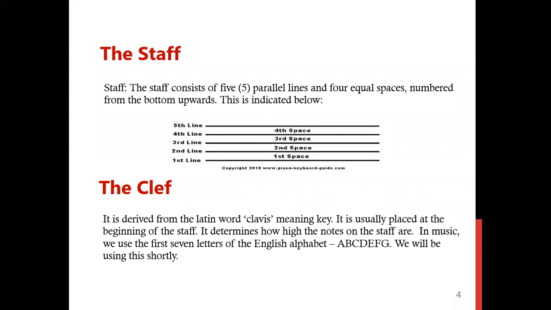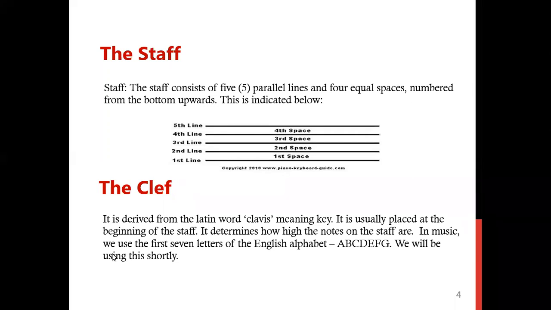Okay, don't get that confused. A clef is a musical sign that is put at the beginning of the staff. The word clef is derived from the Latin word clavis, which means key. So when you put it at the beginning of the staff, the whole thing is no longer called a staff anymore. It's now called a stave.